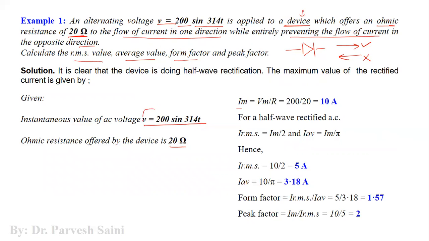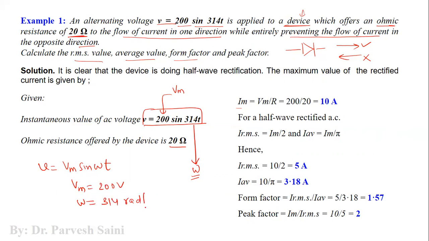In this particular equation, this indicates the peak value of the voltage. 314 indicates omega, the angular frequency, because if you compare this with V = Vm sin omega t, then Vm is equal to 200 volt and omega is equal to 314 radian per second, right?